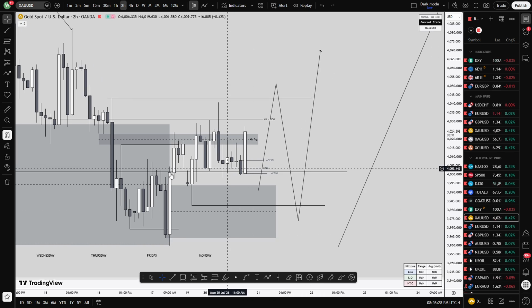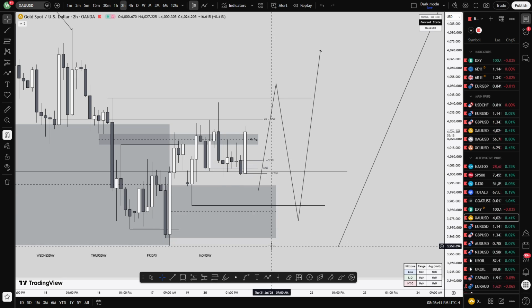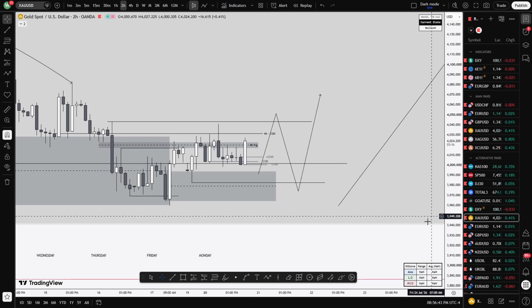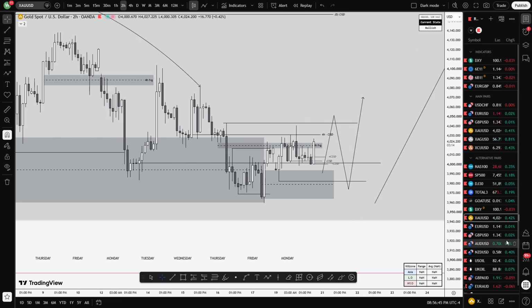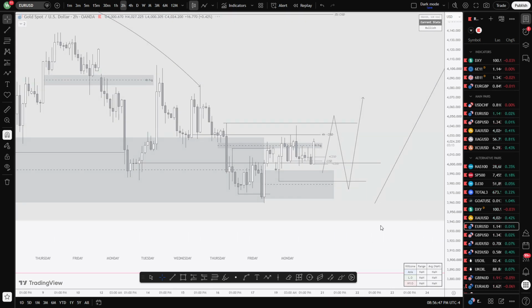I just want to see a liquidity grab on gold. I don't want to get involved and then put my stop loss here. I want to see this low taken out, because this low could be targeted later on. So that's basically it. Let's go to EU.